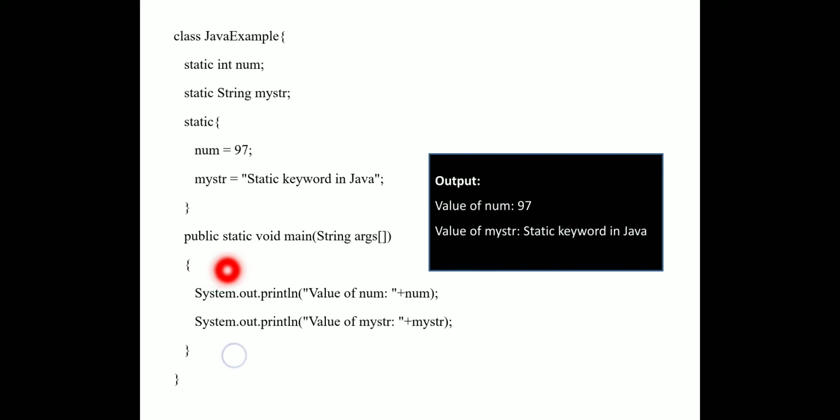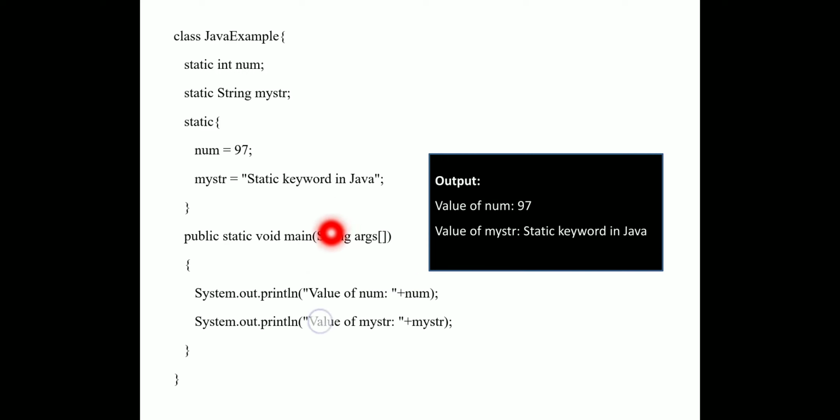Here is the main method, public static void main. In this we print the value of num and the value of myStr. The value of num is 97, and the value of myStr is static keyword in Java.